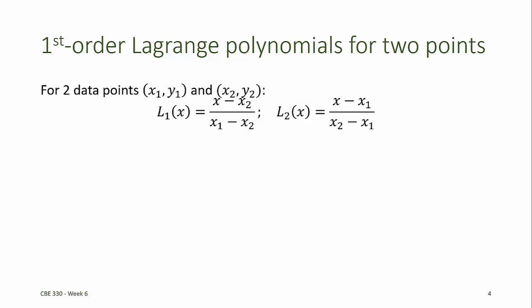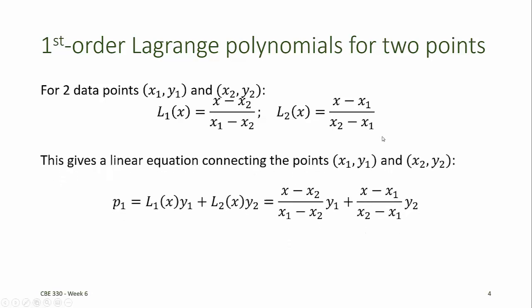It's a polynomial that exactly matches 2 data points, and therefore it's a straight line. The Lagrange polynomial L1 is x minus x2 over x1 minus x2, and the Lagrange polynomial L2 is x minus x1 over x2 minus x1. This gives a linear equation connecting the points x1, y1 and x2, y2.